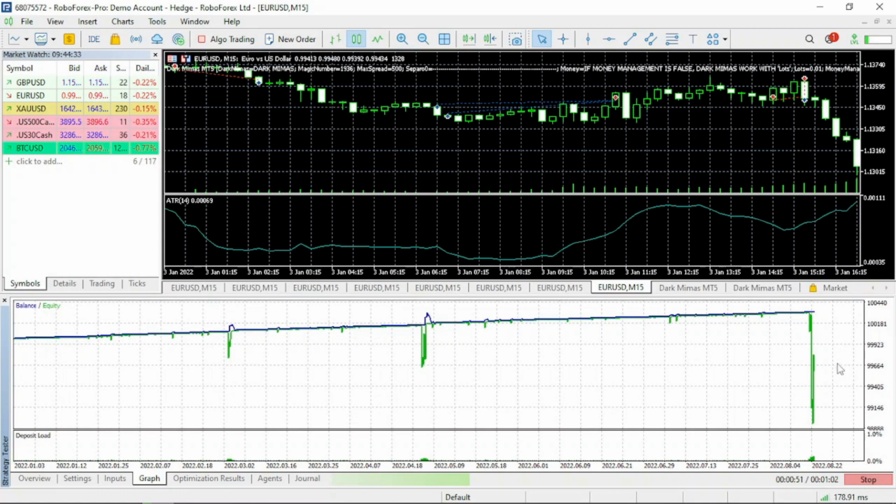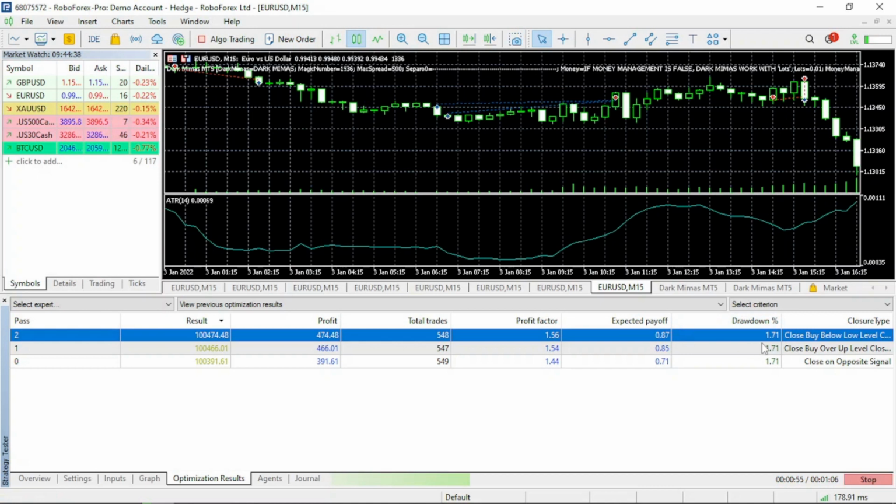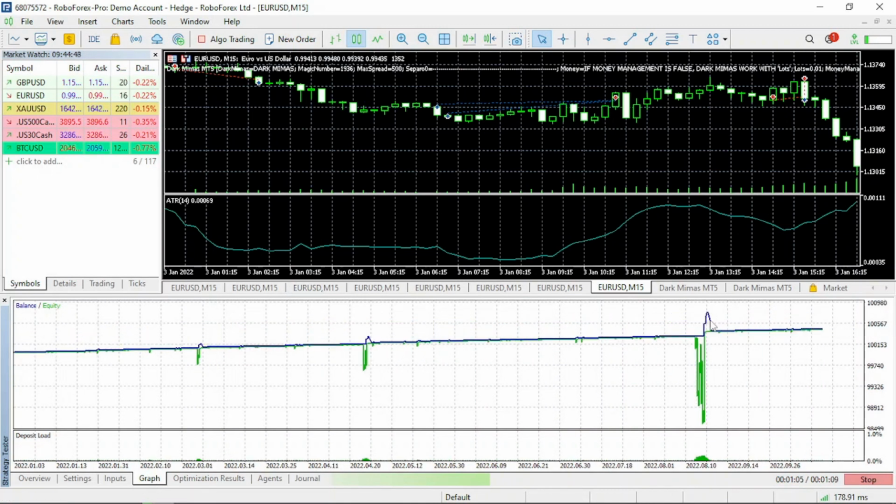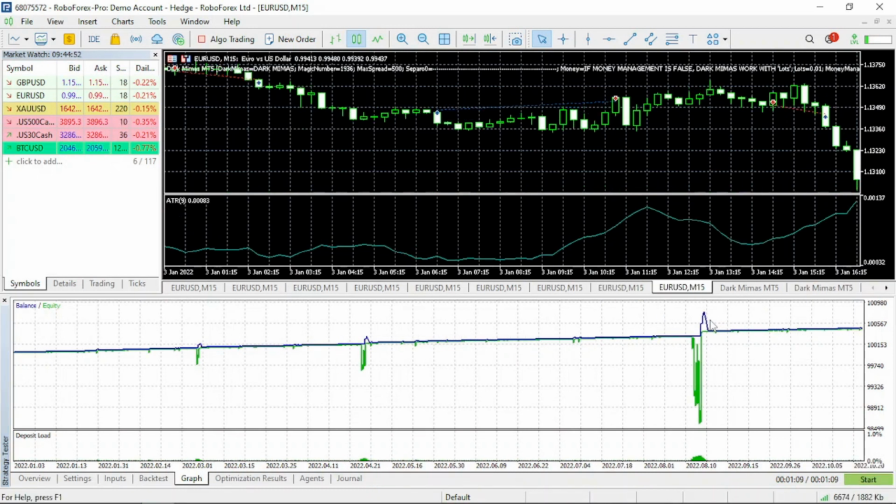Brokers provide different liquidity, and because of that, backtesting results will be different. So we see a drawdown of again 1.71, but a return of only 474. So that large period of drawdown in the 8th month of the year, we need to reduce.